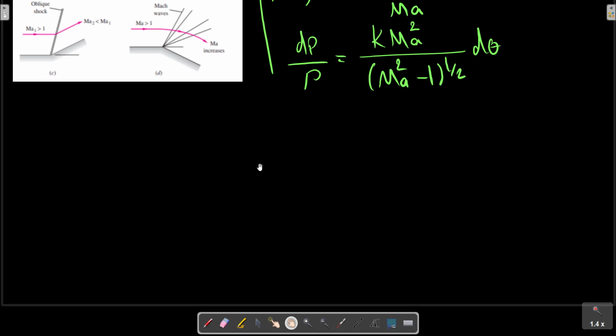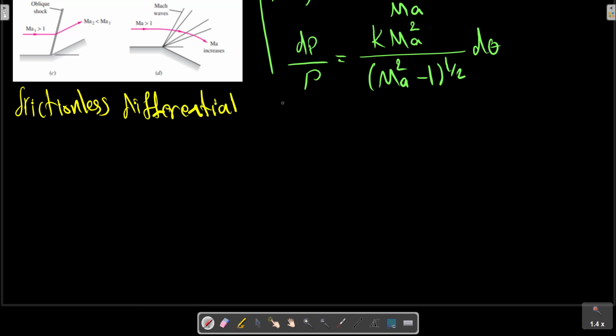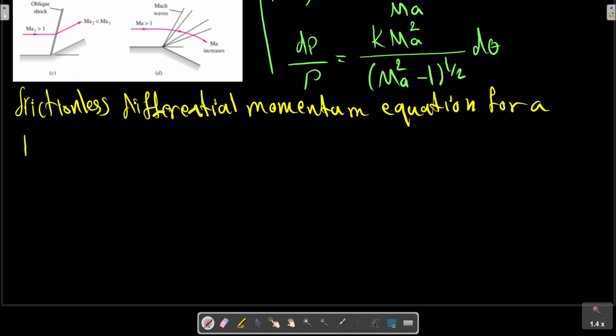Since the flow is nearly isentropic, we have the frictionless differential momentum equation for a perfect gas, relating dP.